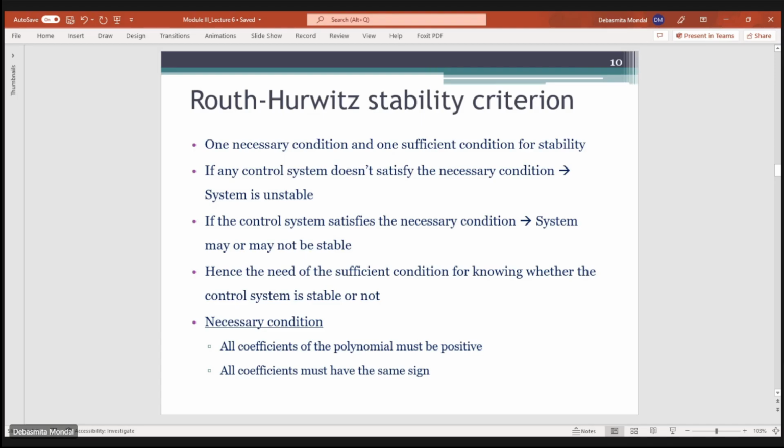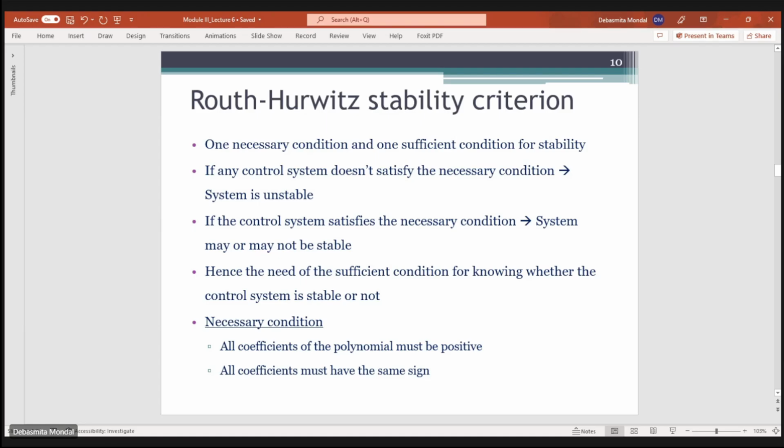If it satisfies the necessary condition, then the system may or may not be stable, depending on whether it satisfies the sufficient condition. So once the necessary condition is satisfied, you then need to check the sufficient condition in order to say whether the system is stable or not.